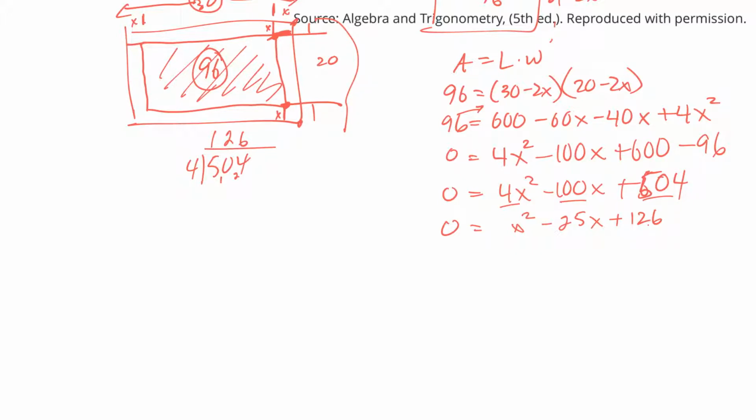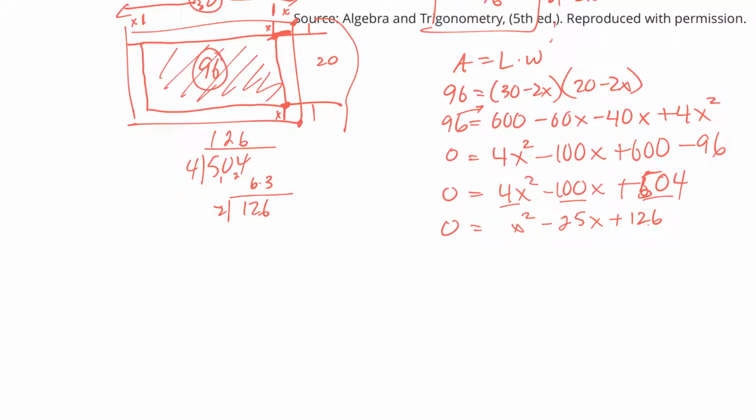Ooh, I don't know. Are there any numbers? I hope I did that right. 126, what will go into, well, 2. That'll go 63 times, but that adds up to way too much.